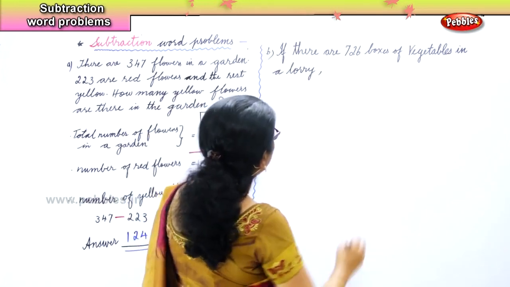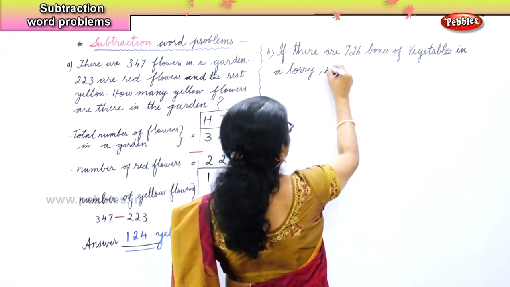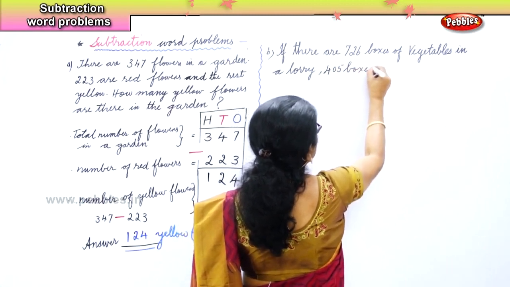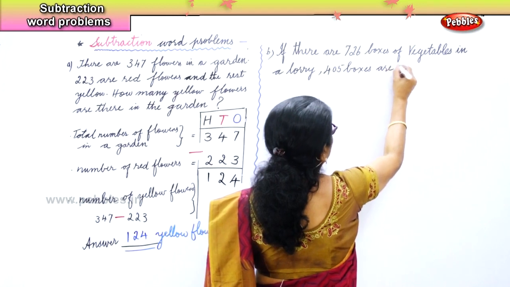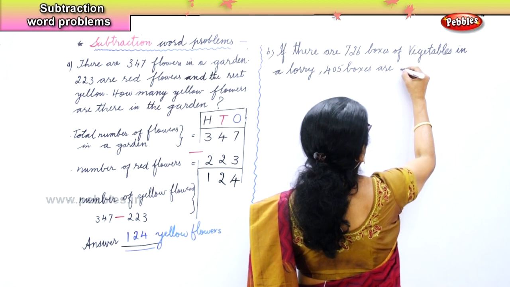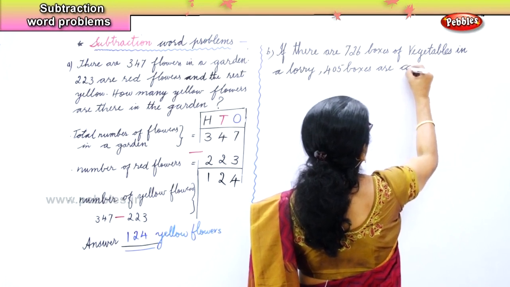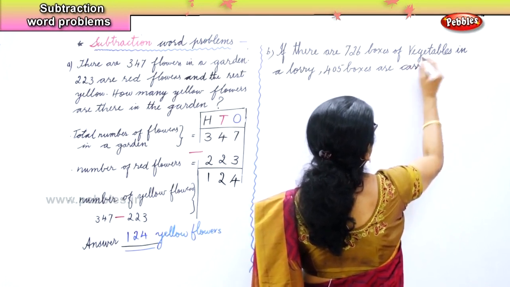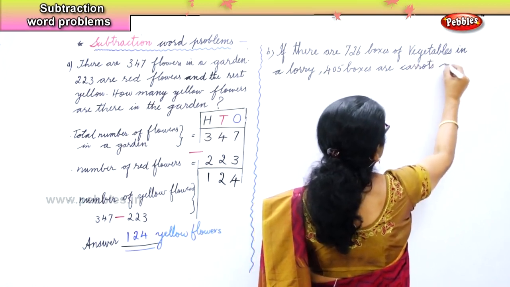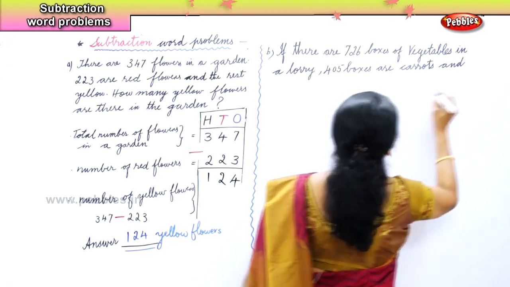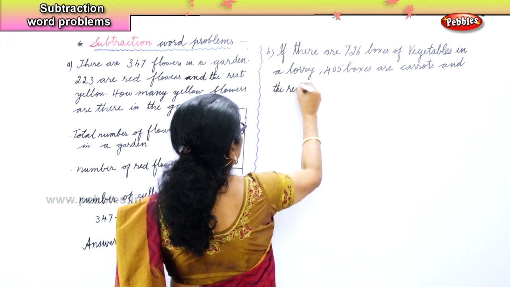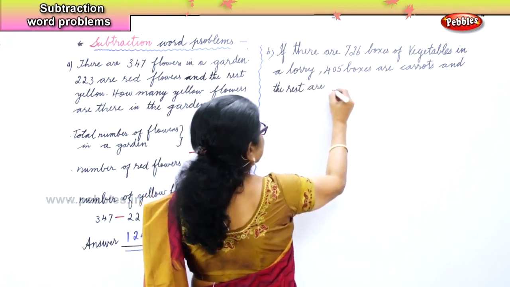And 405 boxes are carrots and the rest are beetroot.